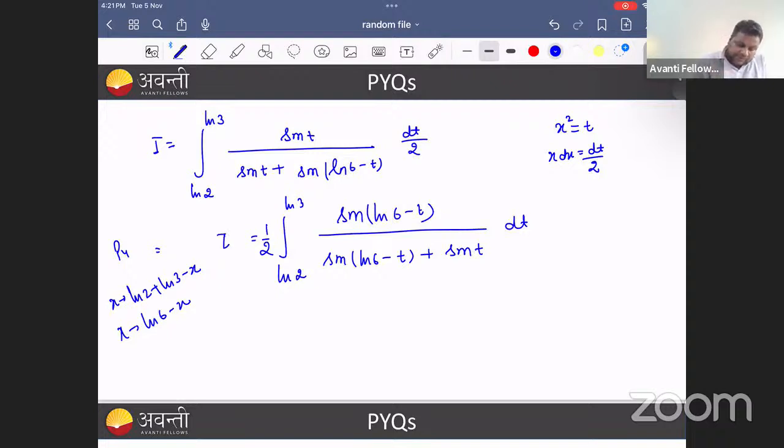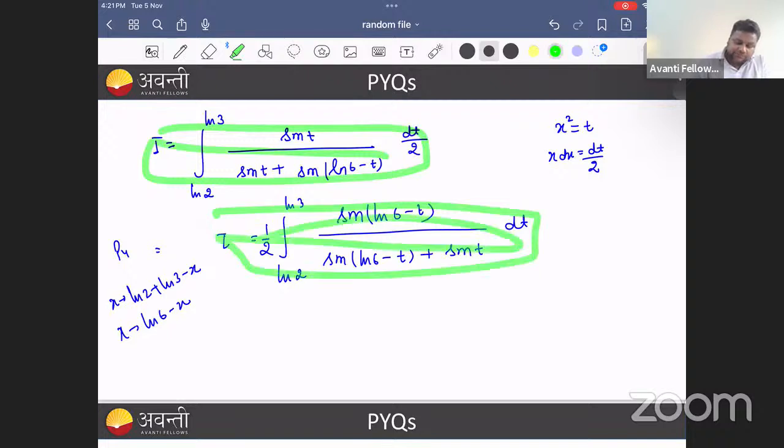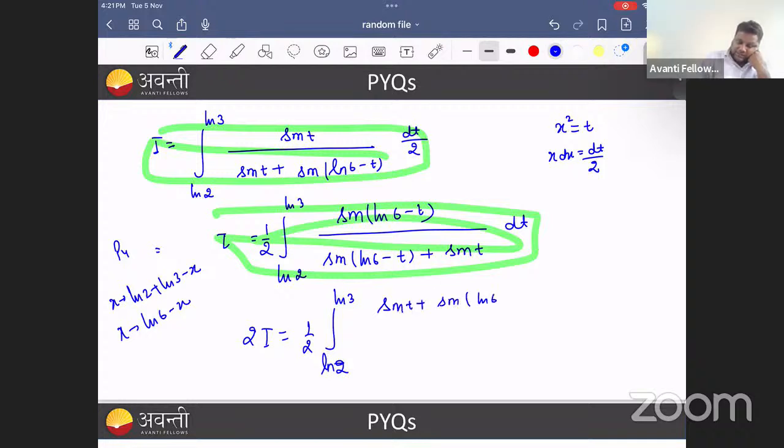Now, one equation is this, other equation is this. Add both of them. So 2i will become half integration ln2 to ln3. It will be sine t plus sine ln6 minus t divided by sine t plus sine ln6 minus t dt. They are cancelled.